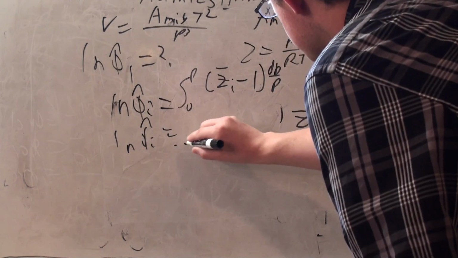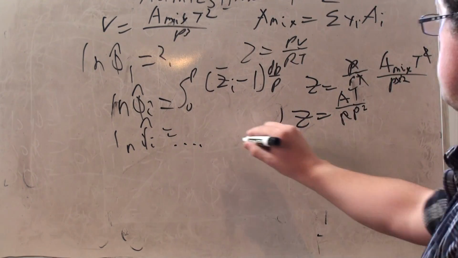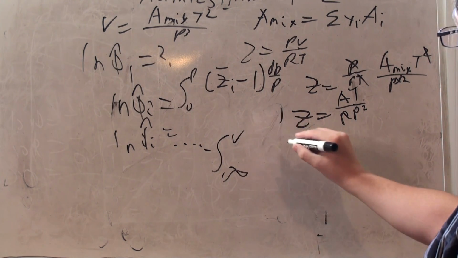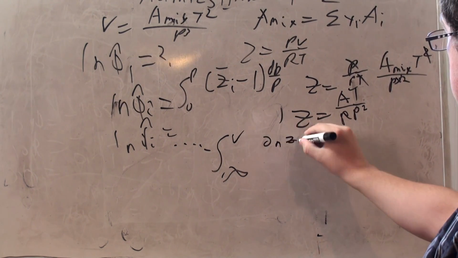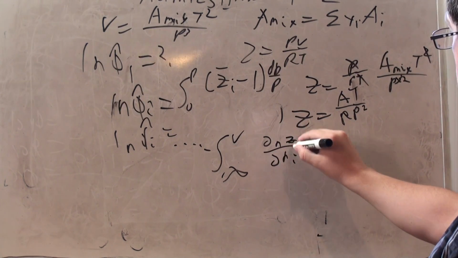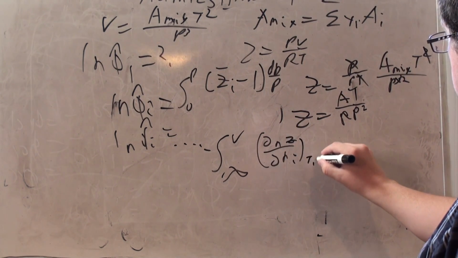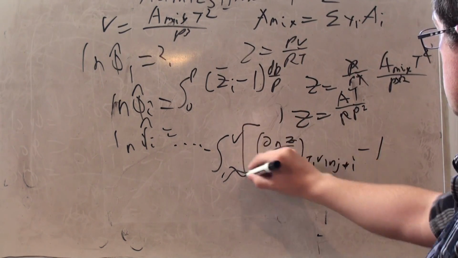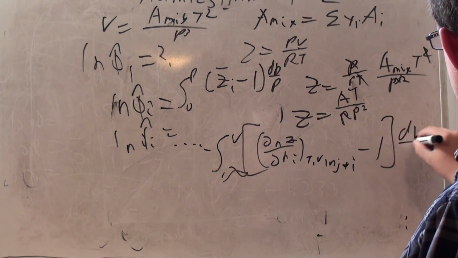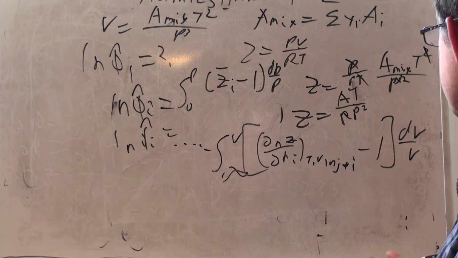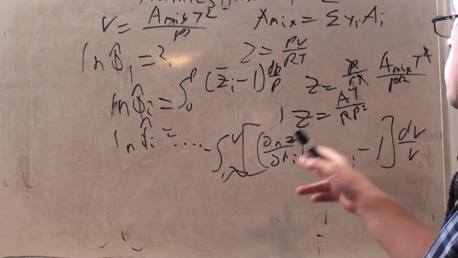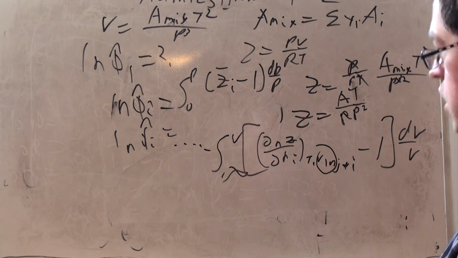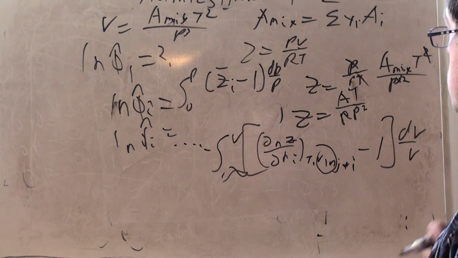There's stuff, and then there's the derivative of n z with respect to n i at constant T, V, and n j not equal to i, minus 1, dV over V. And you might be like, well, Dr. Hadley, isn't that a partial molar z? No, because it is not at constant pressure. It's at constant volume, so that doesn't count.